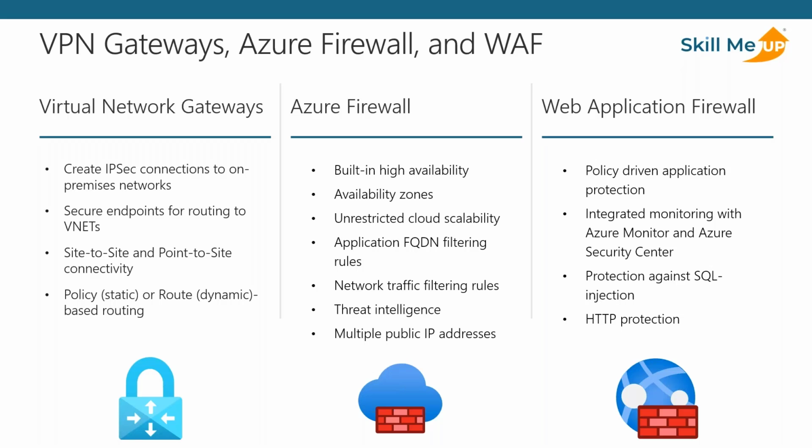If you have to connect VNets that are in two different subscriptions, then you also need to create a virtual network gateway. They are good for site-to-site as well as point-to-site capability, and you have the ability to have static policy-based routing, or the most common, dynamic route-based routing.